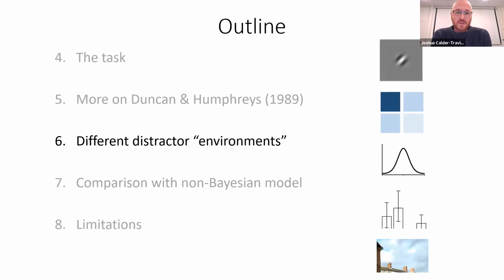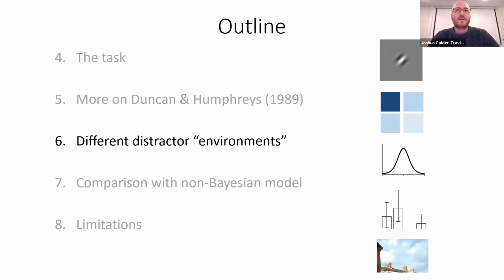So having found a bit of a mixed picture when comparing Duncan and Humphreys' predictions with our data, we next did what Andrew did as well, which was ask whether a Bayesian optimal observer model can account for the observed patterns.